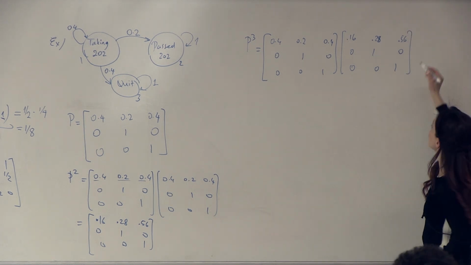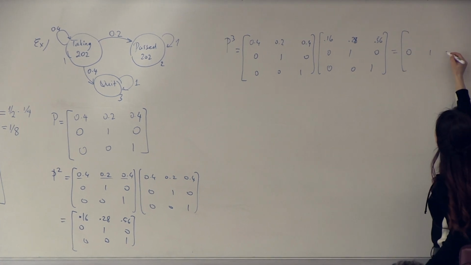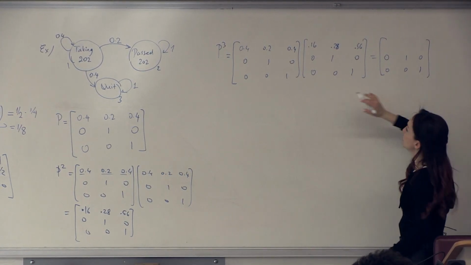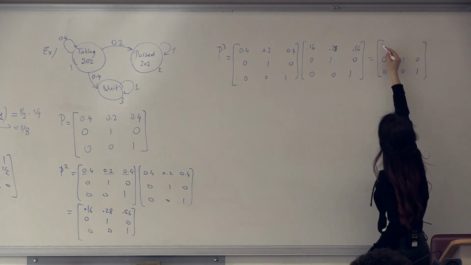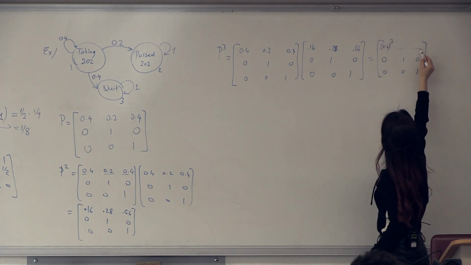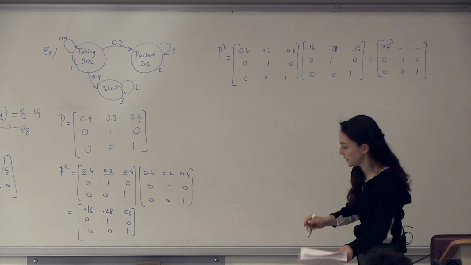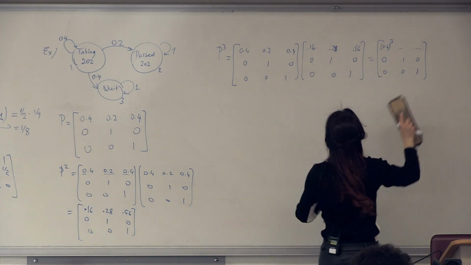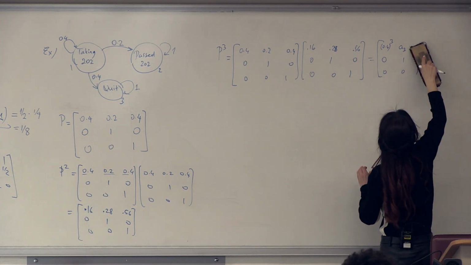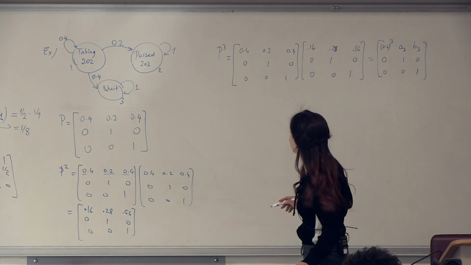If you do this multiplication clearly, you'll see that the second and the third rows do not change. The only change is in the first row. This element becomes 0.4 cubed. This element becomes something, this element becomes another thing. I will try to find a pattern. Let's name this A3 and this B3, and try to find a pattern for A3 and B3.